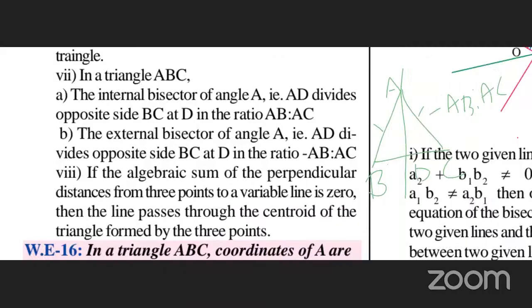The direction will be opposite, somewhat this side. That is with regard to external division. Internal division is the normal division in the ratio AB is to AC. But external division divides in the ratio AB is to AC, in the opposite direction.